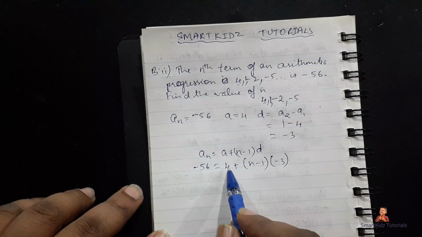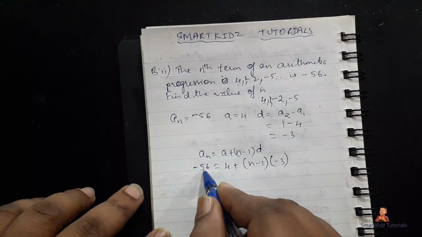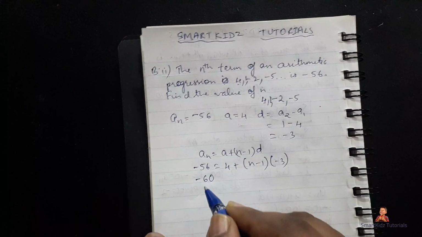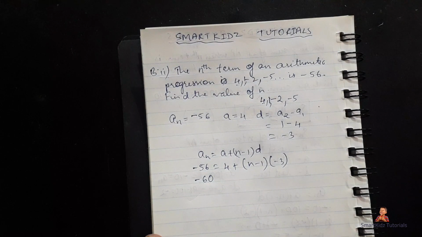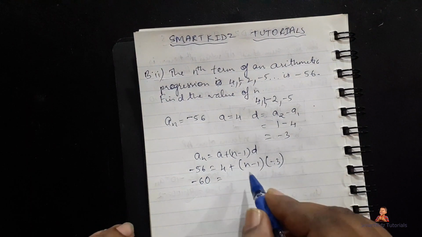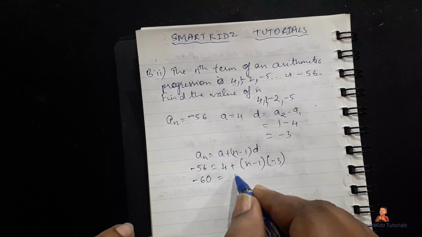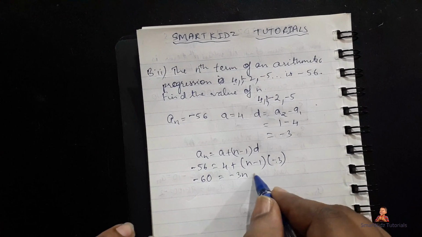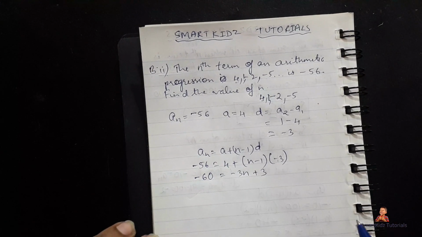So I'll take 4 to the left-hand side, that will become -4, and -4 and -56 will be -60. Then -3 multiplied by n gives -3n, and -3 into -1 will give +3.